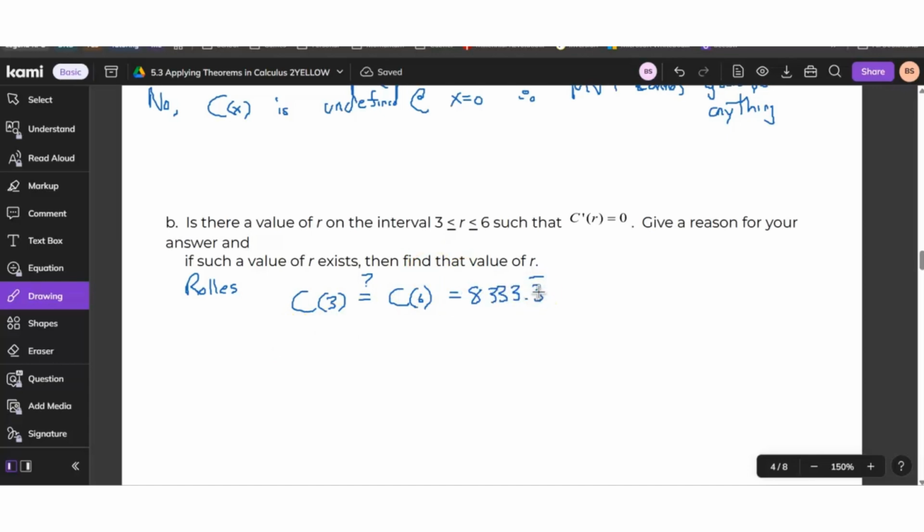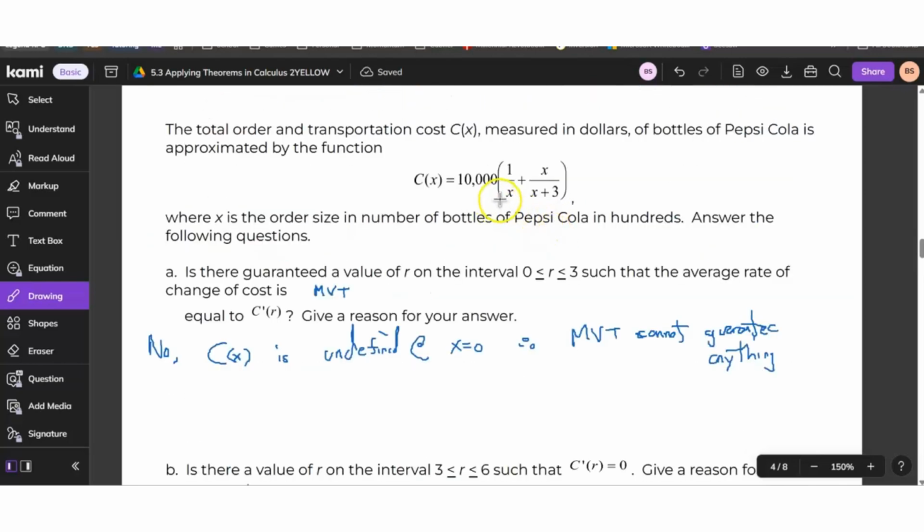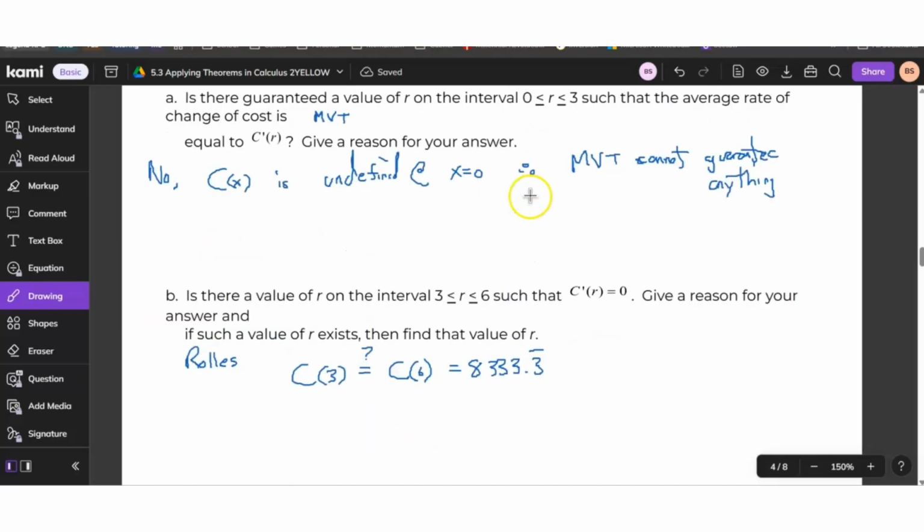But why do we know that they are the same if we haven't plugged in 6? Because if we plug in 6 here, we get 1/6 plus 6 over 9, which is 2/3. 1/6 plus 2/3 means this needs to change to 6, so we get 4/6, and once again we get 5/6. Basically, the stuff in the brackets for both of these is equal to 5/6.